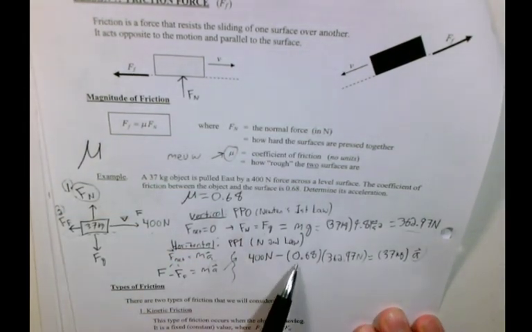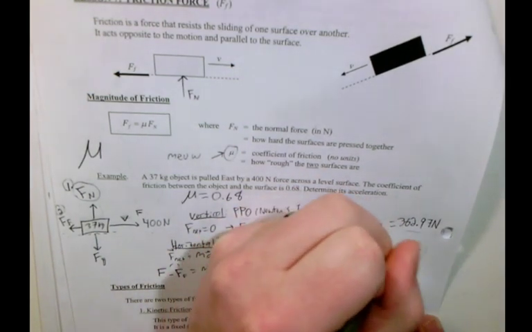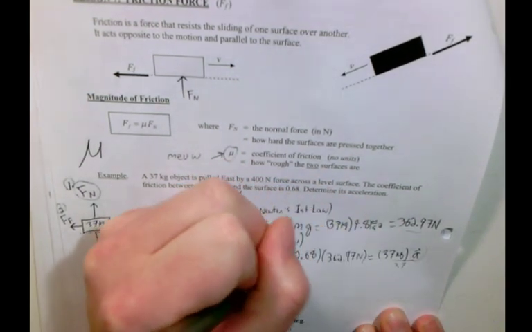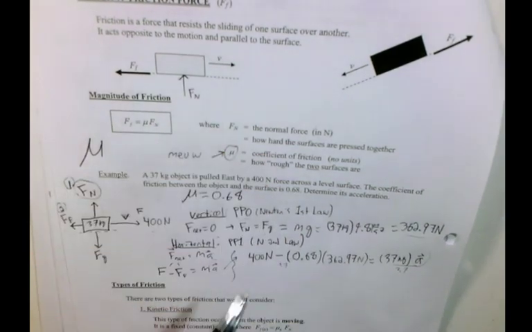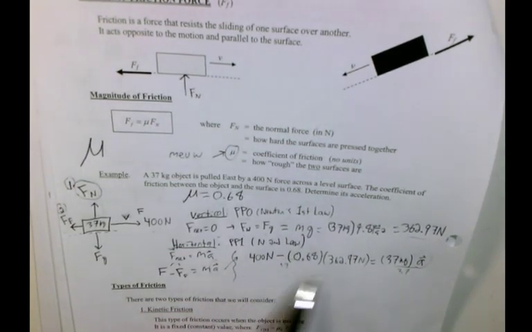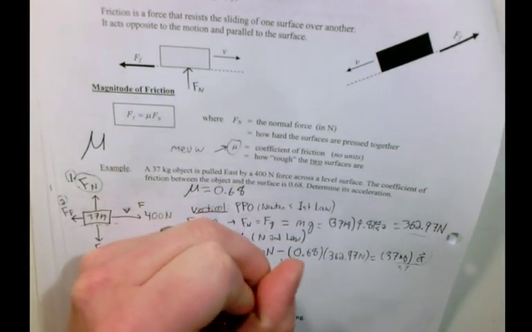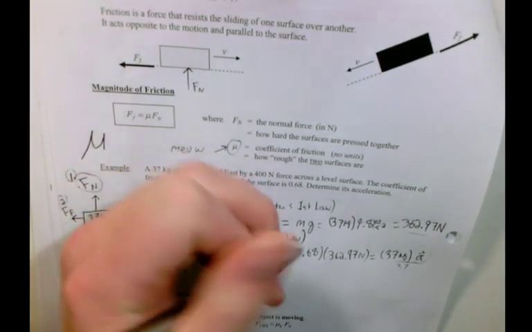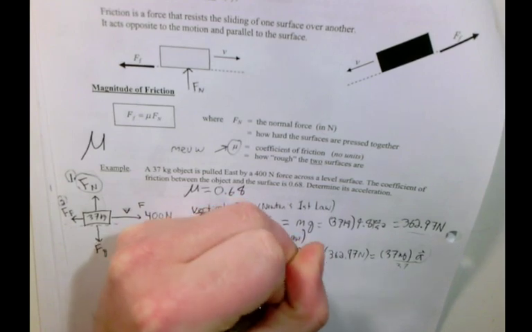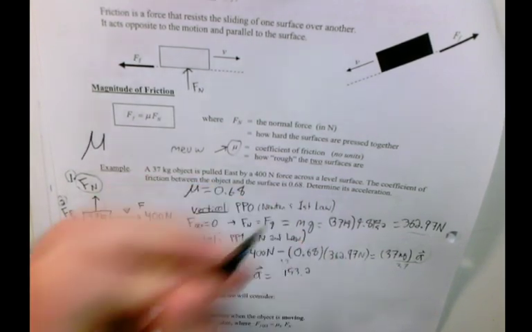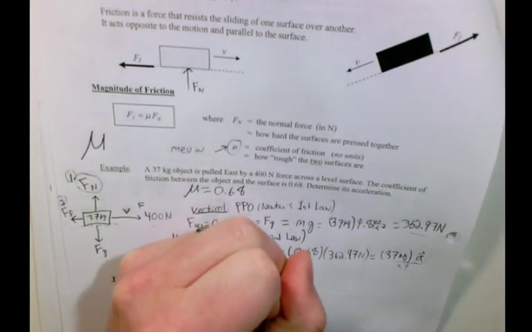All right, so we're going to multiply those together and divide both sides by 37. So 400 minus the product of those, all in brackets, divided by 37, will give us an acceleration, which is equal to 153.2 from those two, divided by 37.